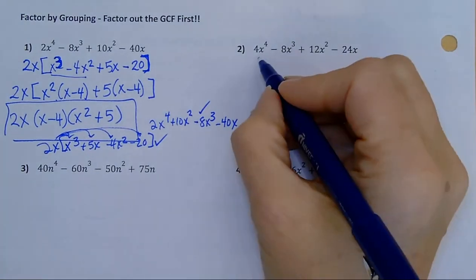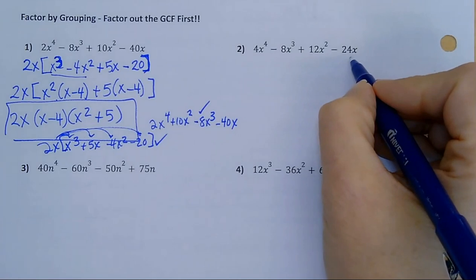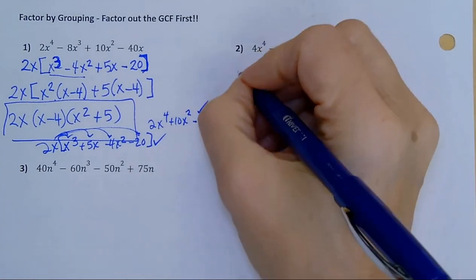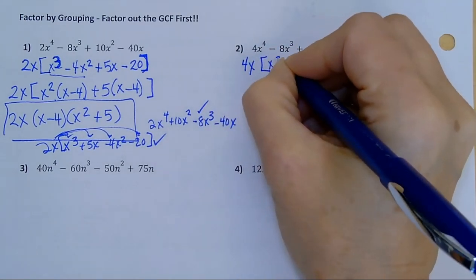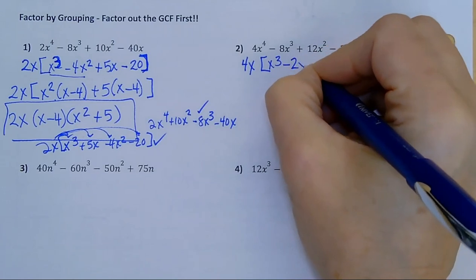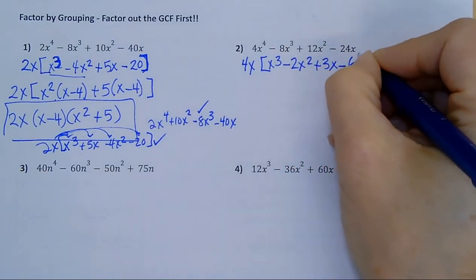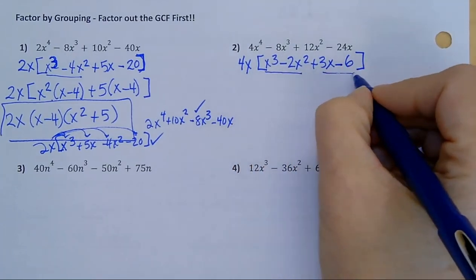All right, 4x to the fourth minus 8x cubed plus 12x squared minus 24x. I'm going to definitely pull x. I'm going to definitely pull 4. Let's take 4x out. I'm left with x cubed minus 2x squared plus 3x minus 6. Okay, and I'm in order, so I'm going to group it straight away.